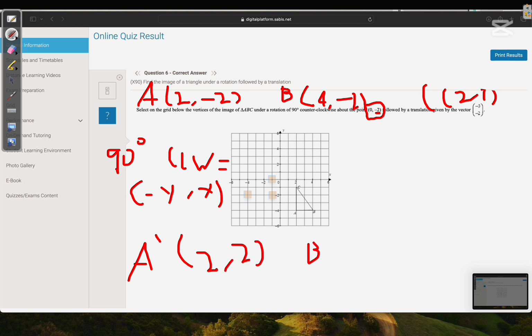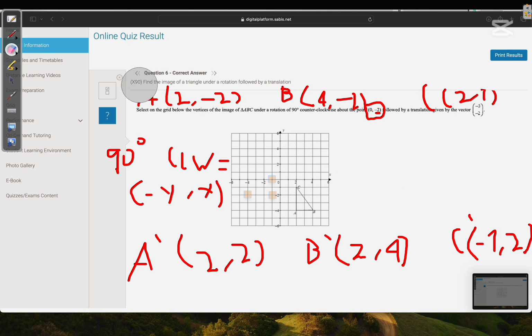B prime would be 2, 4, and C prime would be -1, 2.